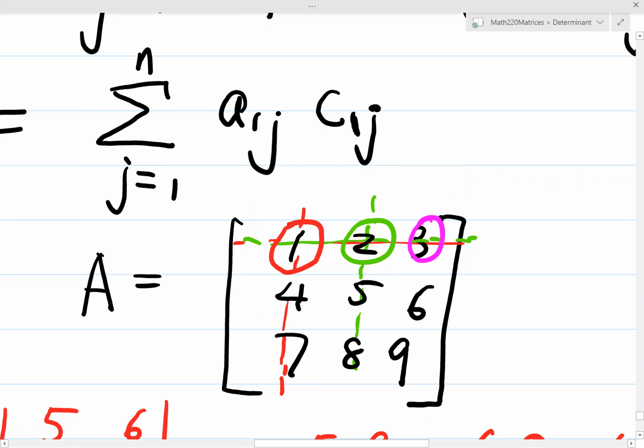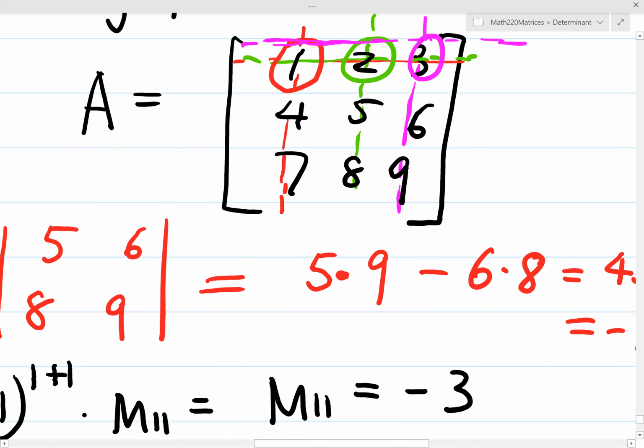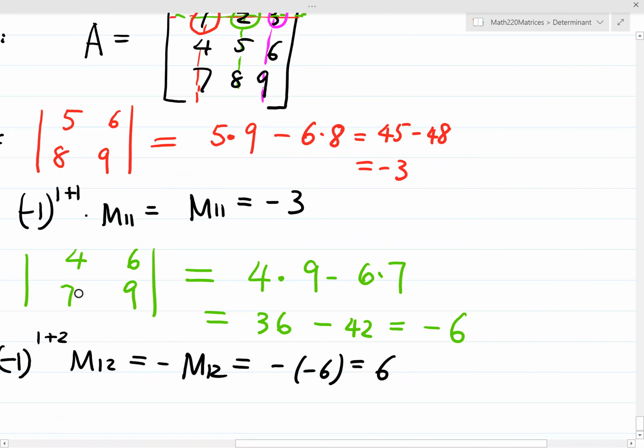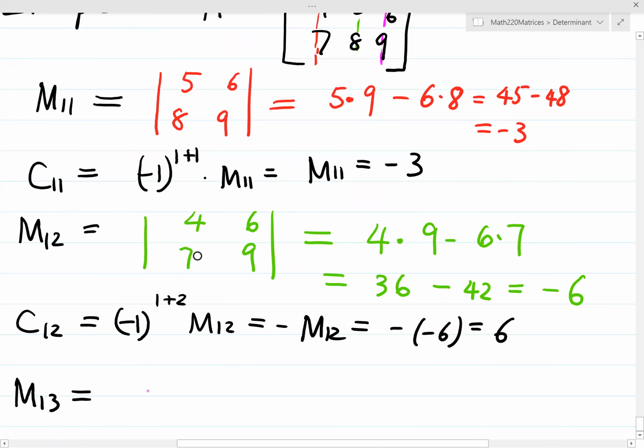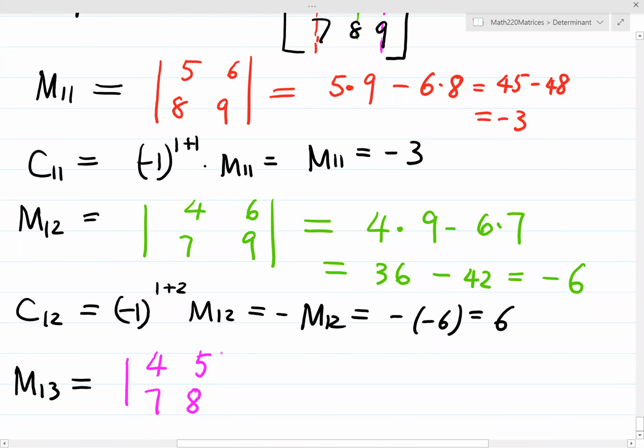So we cross out the row and the column that has 3. What's remaining is 4, 5, 7, 8. So this will be 4 times 8 minus 5 times 7. This will be 32 minus 35, so it should be negative 3.